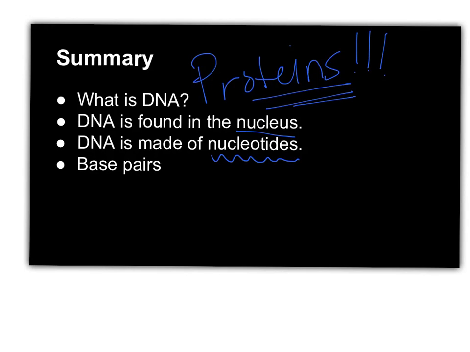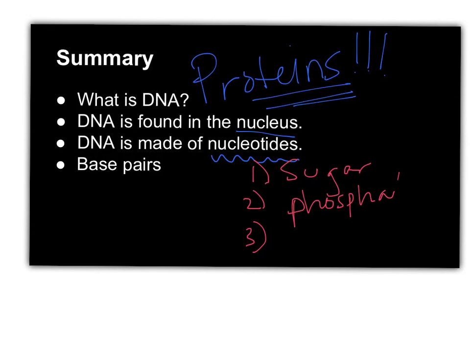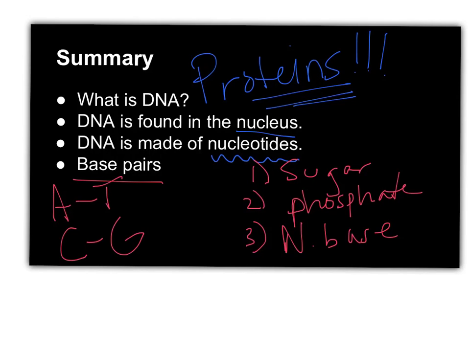Those nucleotides are made up of 3 things: a sugar, a phosphate, and a nitrogen base. And then last we talked about the base pairing, how A will pair with T, G with C. At all times, that's what's going to occur on a DNA strand.